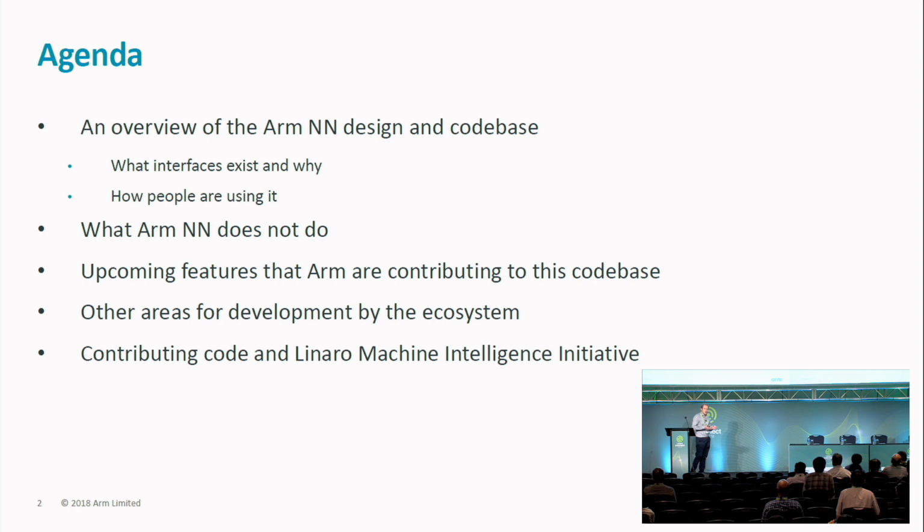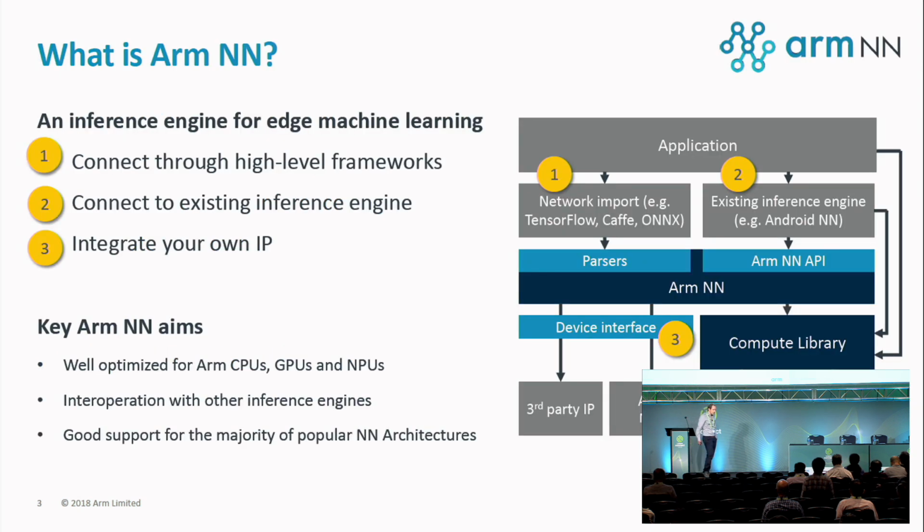What I'm going to talk about is, in more practical terms, what the Arm NN code base is, what interfaces there are and how people are using them, what Arm NN doesn't seek to do, so the problem space that we've carved out as appropriate for inference engines, and then some ideas on areas for improvements and how you might get involved in working on the Arm NN code base and working with Arm and Linaro on this problem.